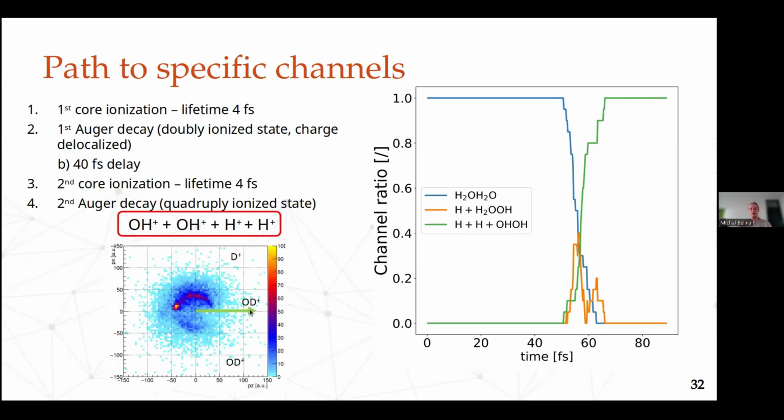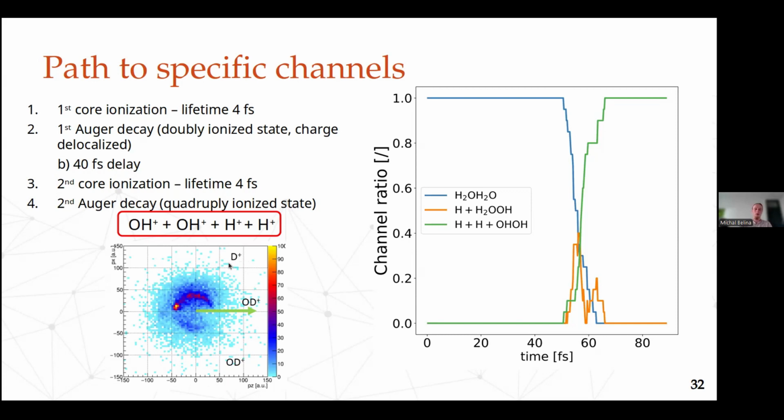One interesting thing that can be measured from this type of experiment is these momentum maps, and here you can see the relative momentum of this D plus. Here is the variant with heavy water, so this is deuterium.